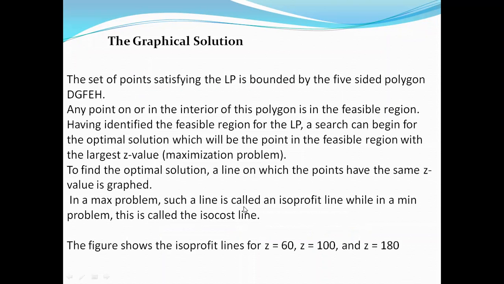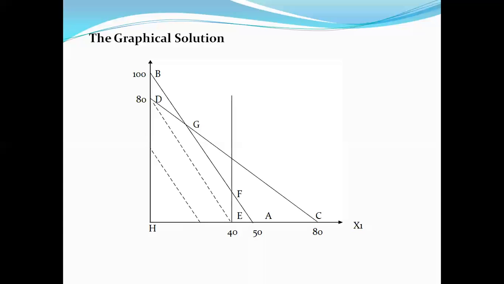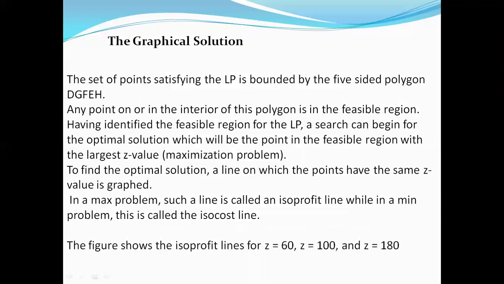And in a maximization problem, that particular line is called the iso profit line, and a minimization problem's line is the iso cost line also. So this is called the maximum iso profit line, AC DC line, and the iso cost line, that is the B to A line, right?